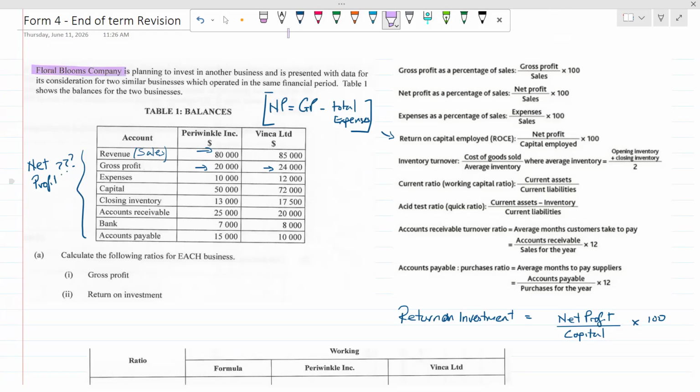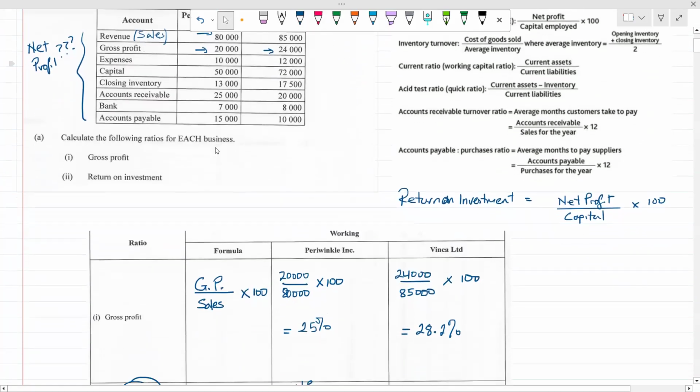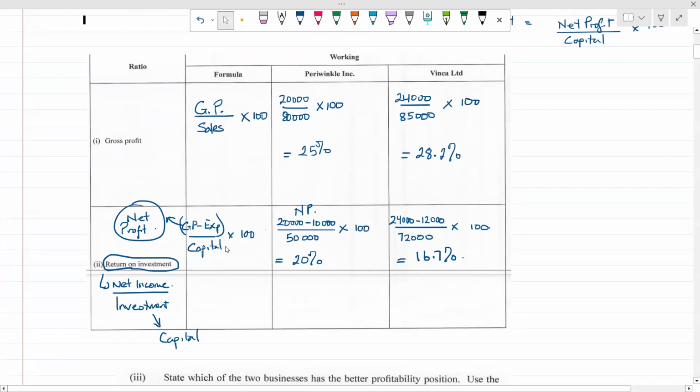So it makes sense that they look at the financial standings of the company before they invest in it. We are asked in the first part of the question to calculate the ratios for each business: the gross profit ratio and the return on investment ratio. This is the answer sheet that was provided on the past paper for us to use in order to calculate that.